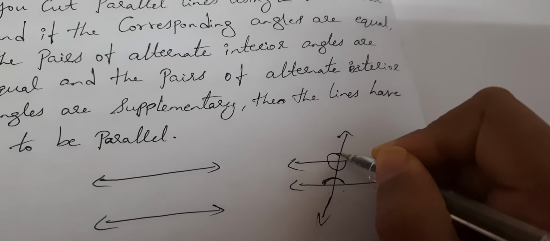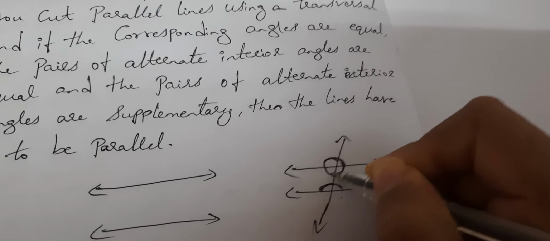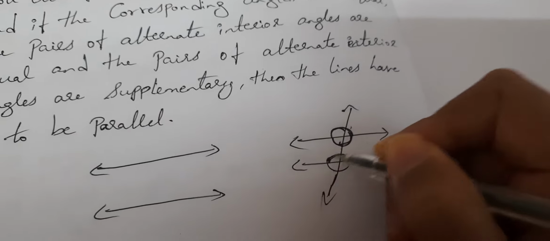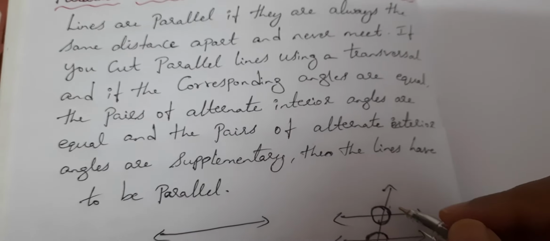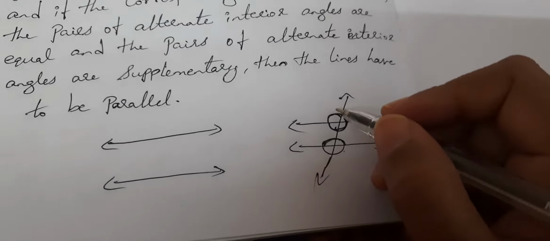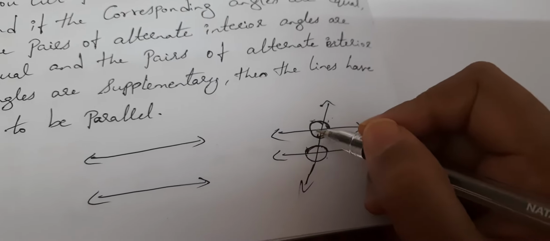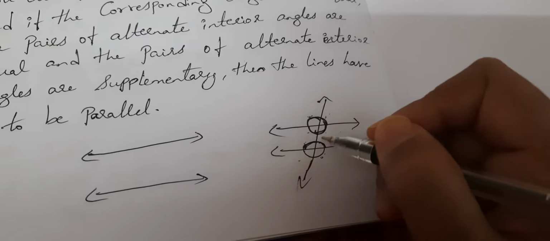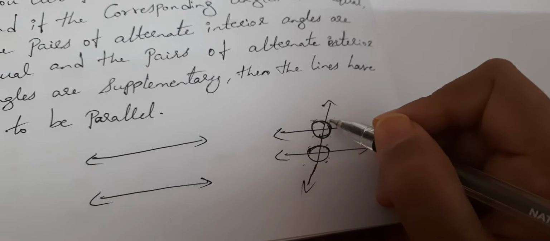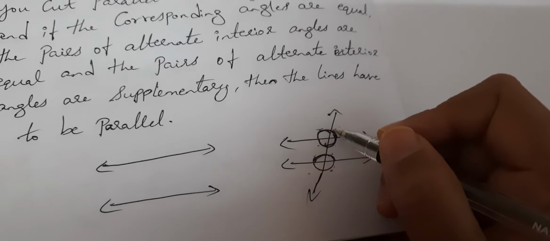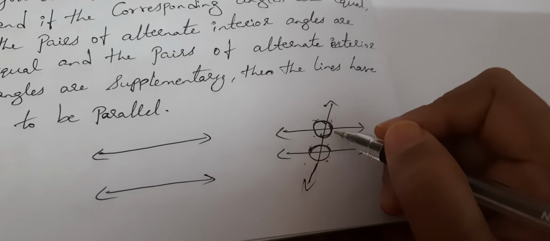These are the four angles. Corresponding angles means suppose this both and this both. These are interior and exterior. I already told you yesterday: interior angles, exterior angles, alternate interior angles, alternate exterior angles.